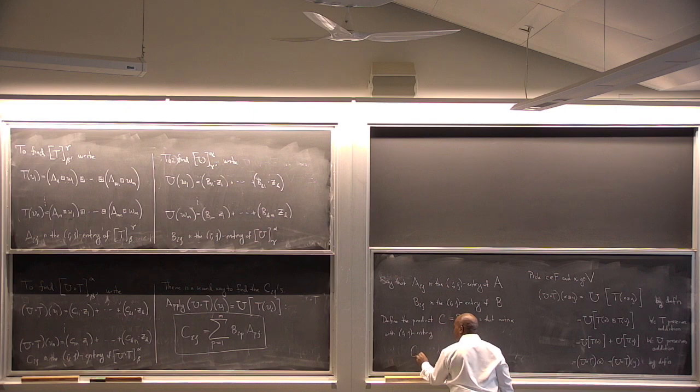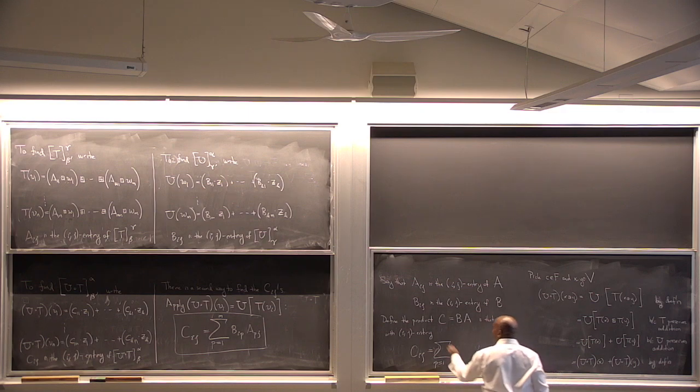So here Cij will be this here. So here I have a sum, p goes from 1 to m, Bip Apj.